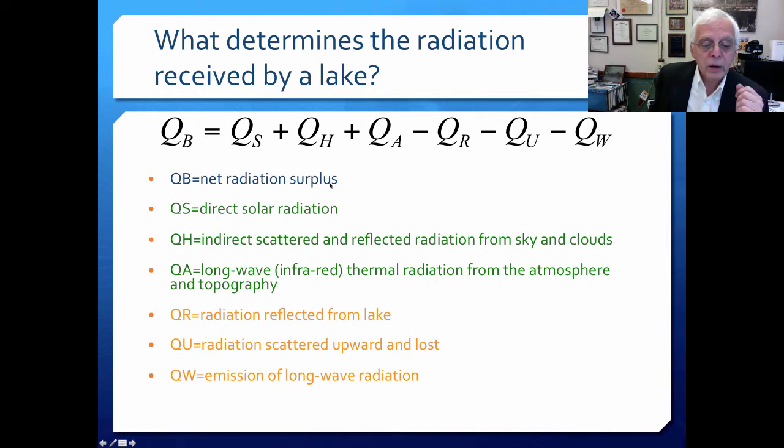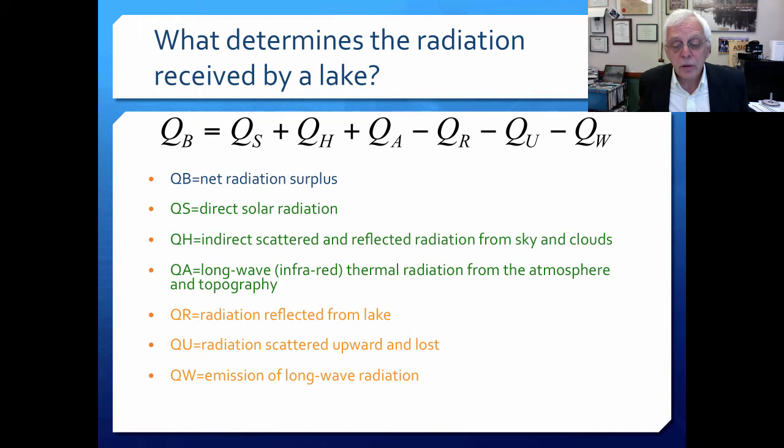Now, taken away from that would be the radiation reflected from the lake. And you have probably seen how much radiation can be reflected from a lake. If you've ever watched one in the evening, you get the glittering of the lake that reflects a substantial amount of radiation back to your eye. Another factor that's taken away from the radiation received by any kind of organism in the system is the radiation scattered upward and lost.